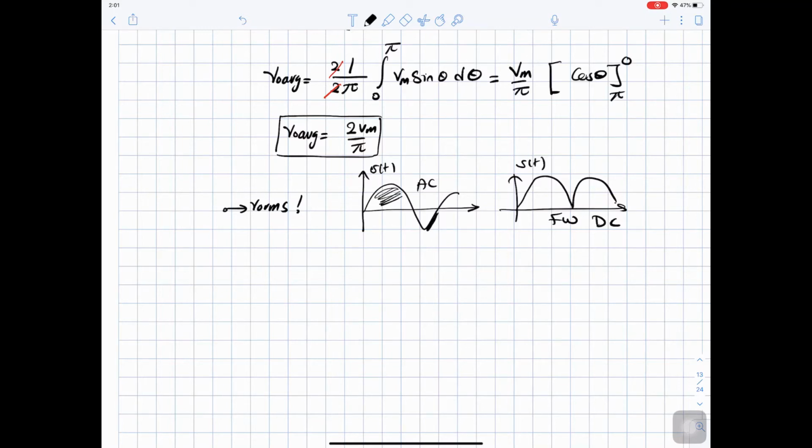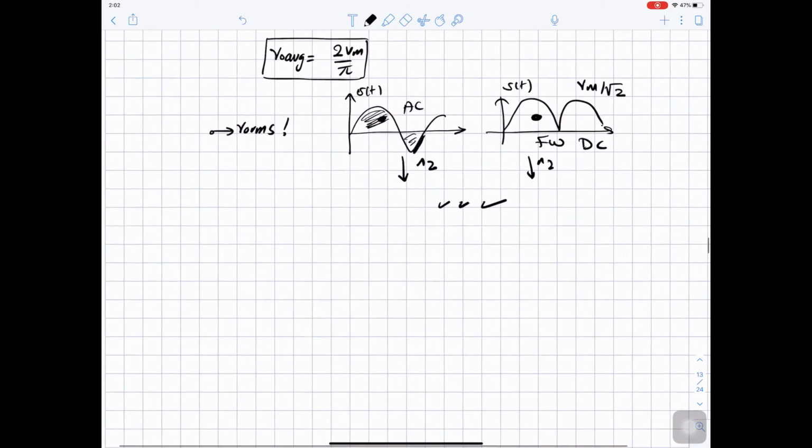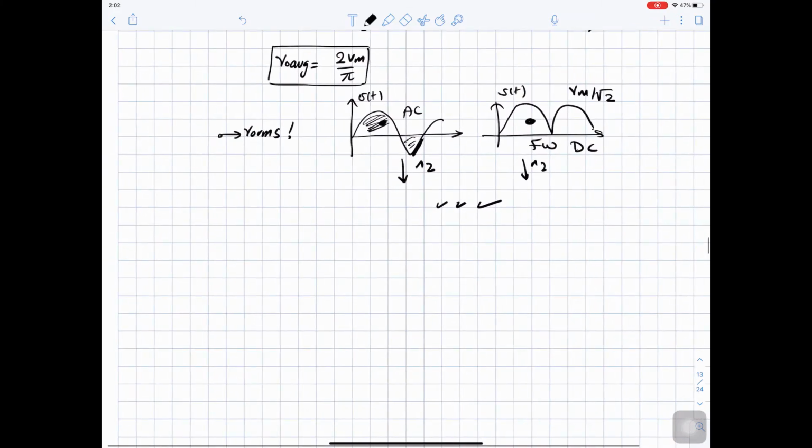So when you square this one, and when you square this one, you are getting the same wave, because the squaring will remove the negative. So I'm expecting that the RMS in this situation will be the same as the RMS of the sine wave, which is Vmax over root 2. This is what I'm expecting. But let's do the proof.